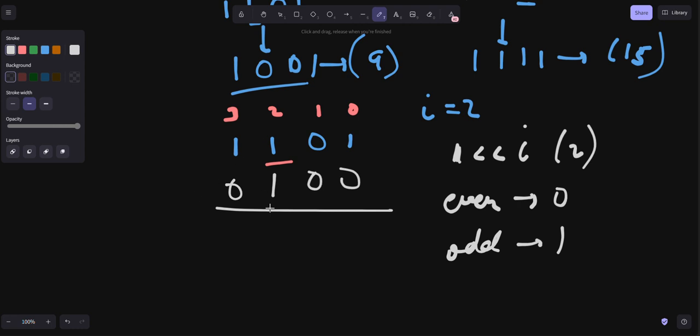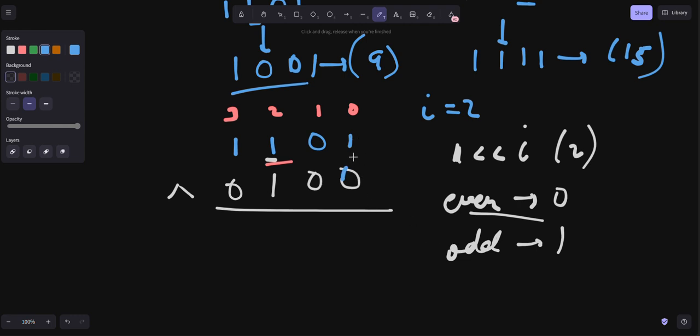Can you use OR? OR will also make it 1, so it won't toggle the particular bit. You need to make it 0. What can you do? You can use the XOR operation. Even means 0. So you can say, oh, there's an even number of ones. I can make it 0 using the XOR operation. That's how you think of the solutions.